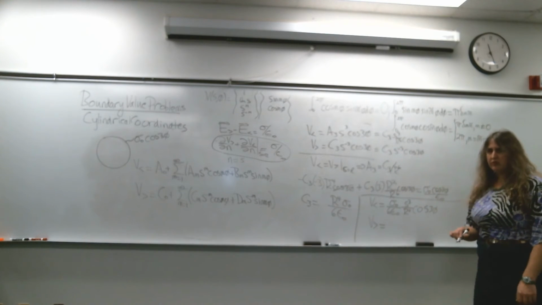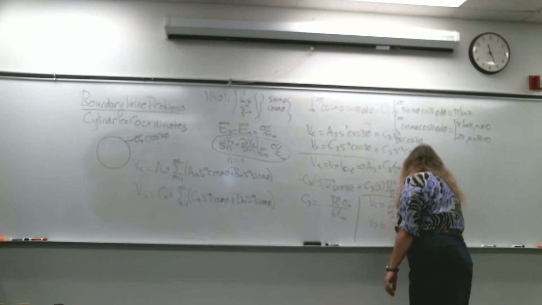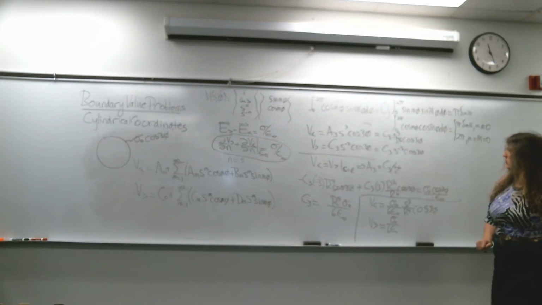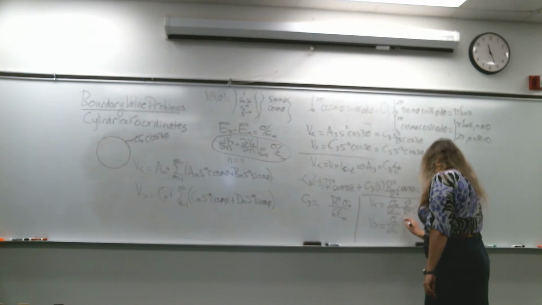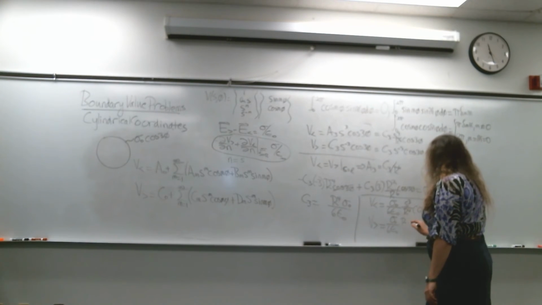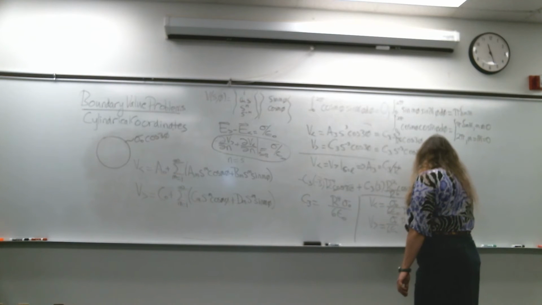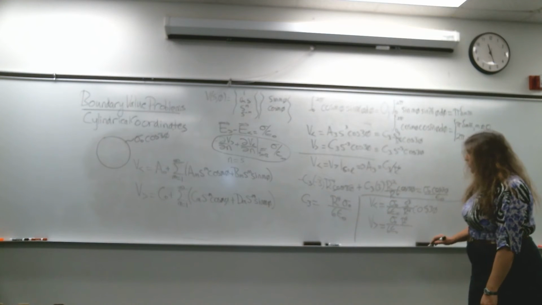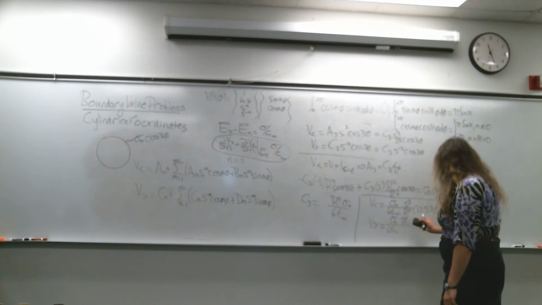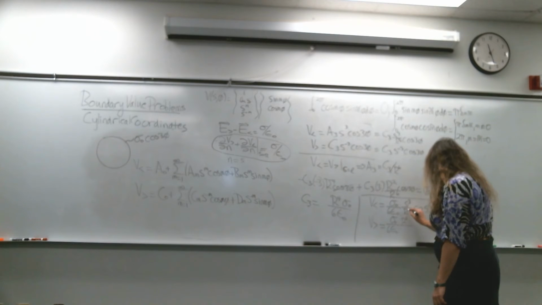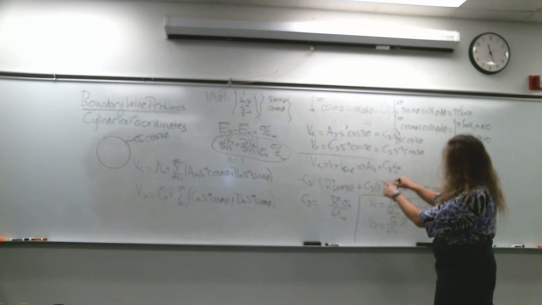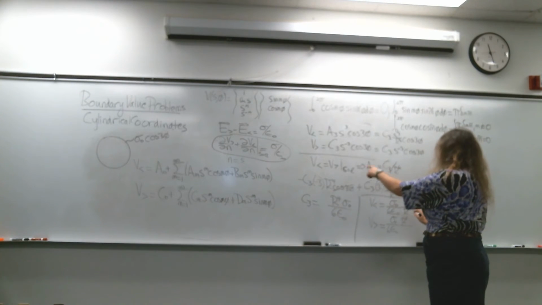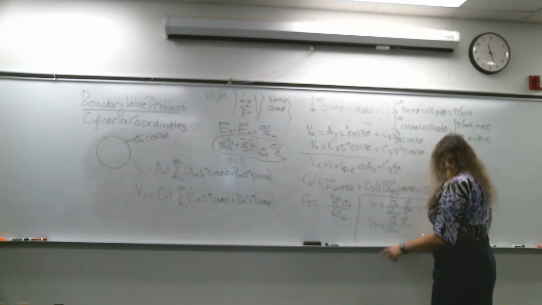Our exterior solution is equal to sigma naught over 6 epsilon naught R to the fourth. Actually, that should be R squared.